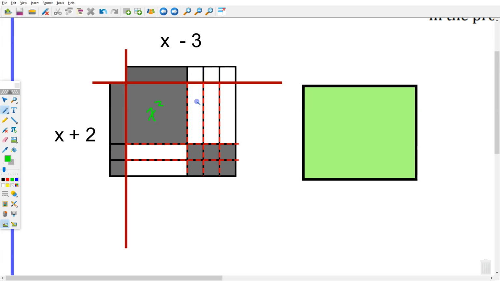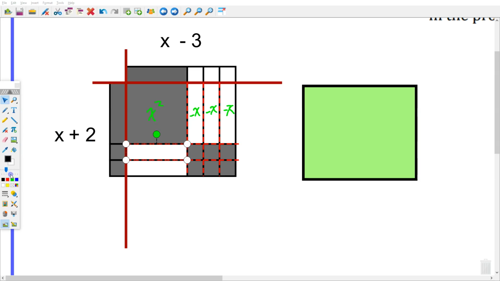These tiles here, this 1, 2, and 3, are going to be negative x tiles because you get them by doing positive x times negative 1 each time. Down here, it's going to give you a positive tile here.